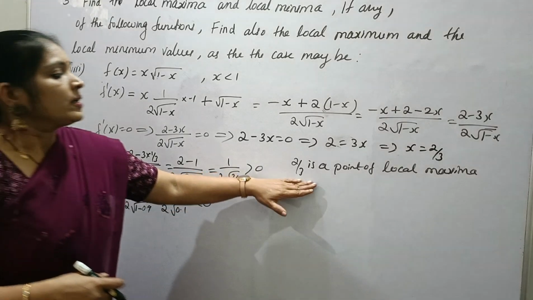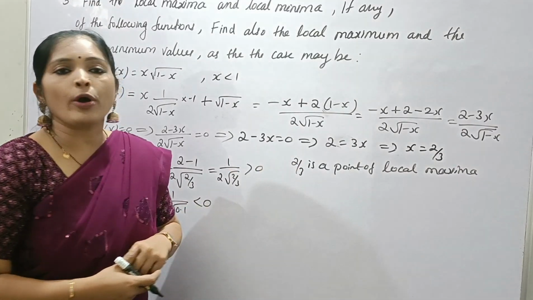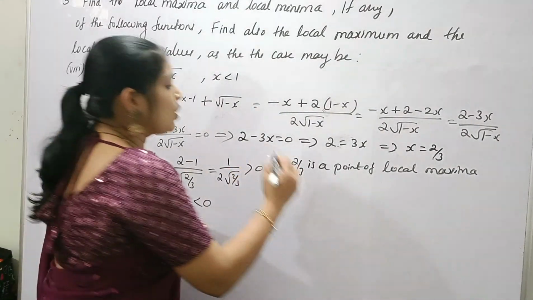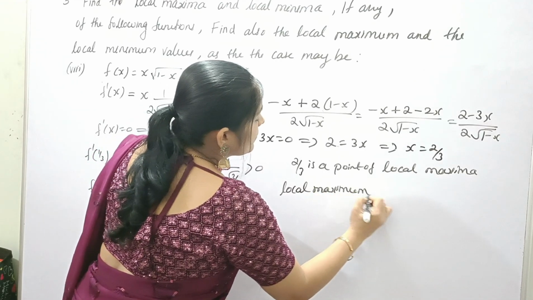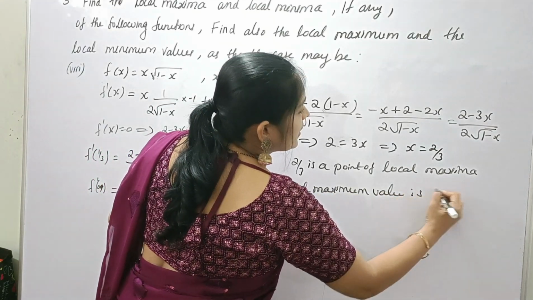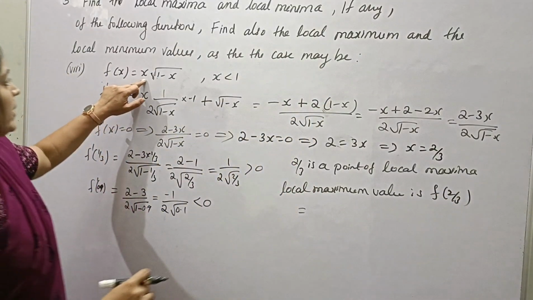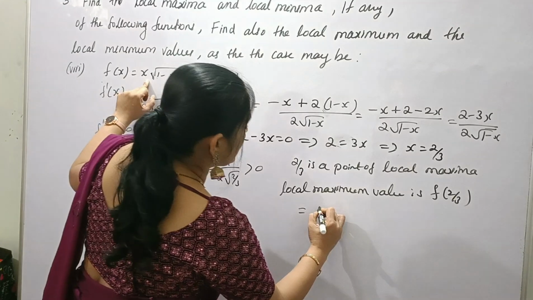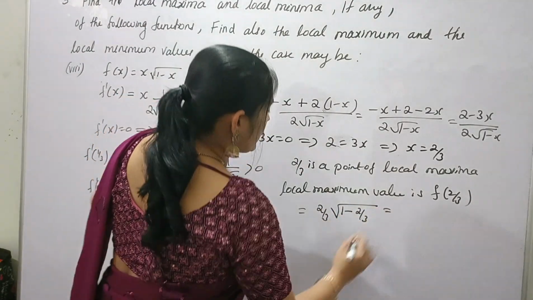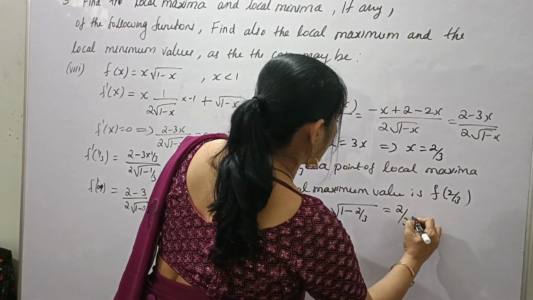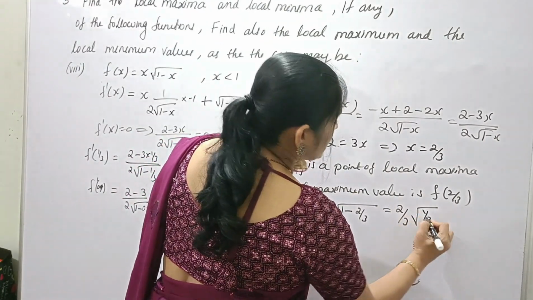So according to the first derivative test, 2 by 3 is a point of local maximum, and the local maximum value is f of 2 by 3. Substitute x equal to 2 by 3: 2 by 3 into root of 1 minus 2 by 3, that is 2 by 3 into root of (3 minus 2) by 3, that is 1 by 3.